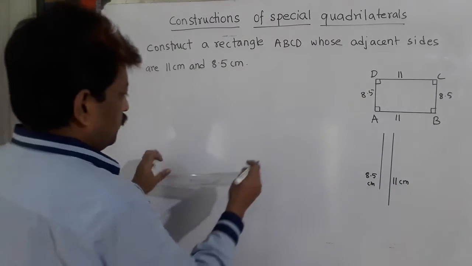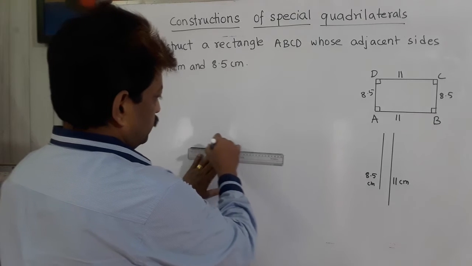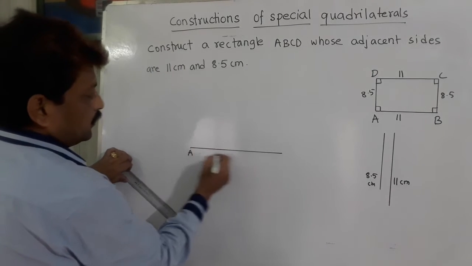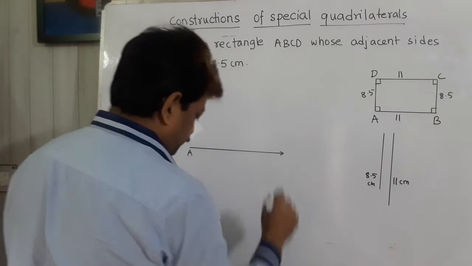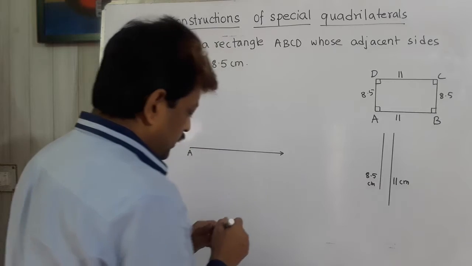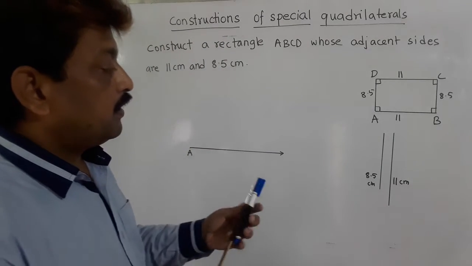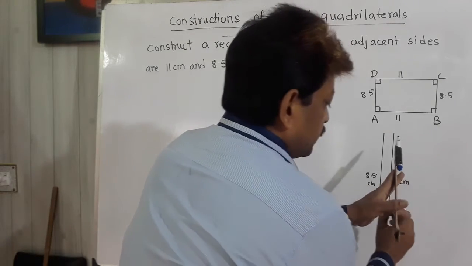Now here I have to draw a line. This is A, and B is not known. We have to find B. Now with the help of the compass, I have to take the measure 11 centimeter from this line.